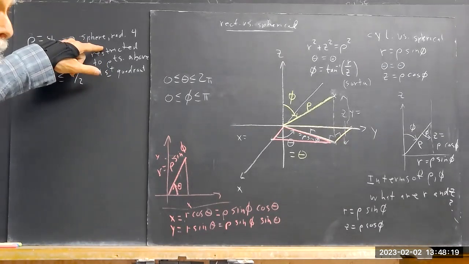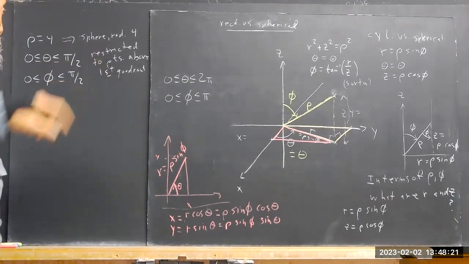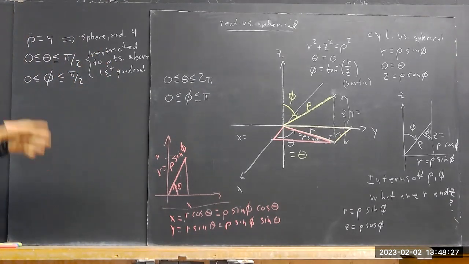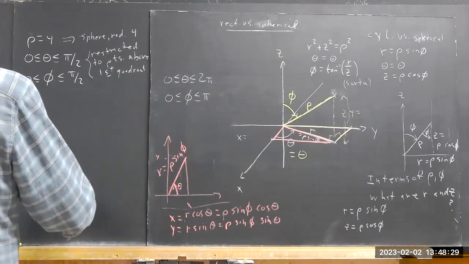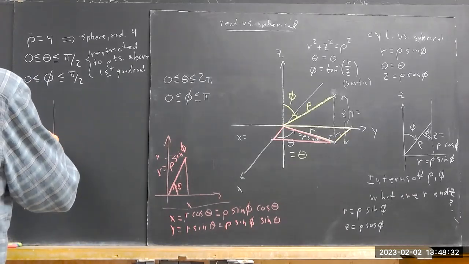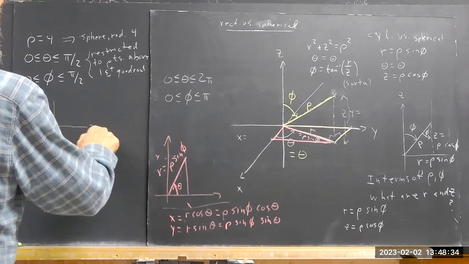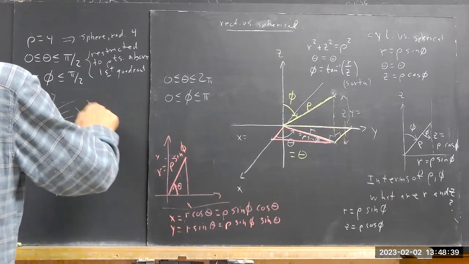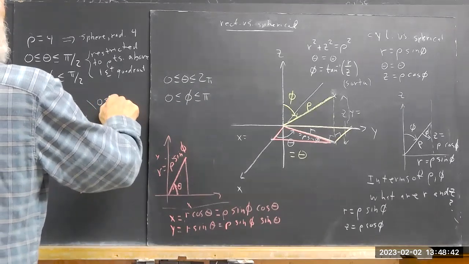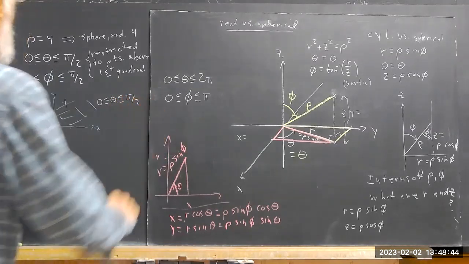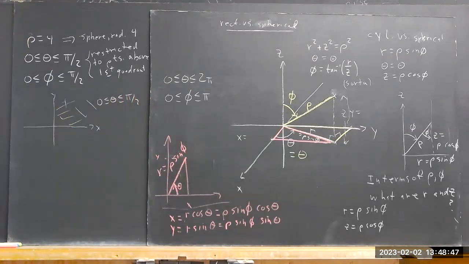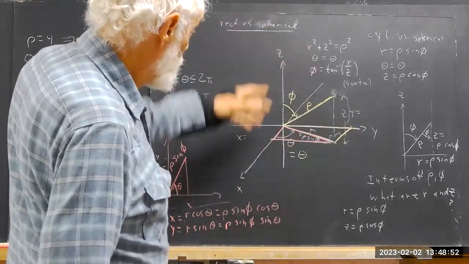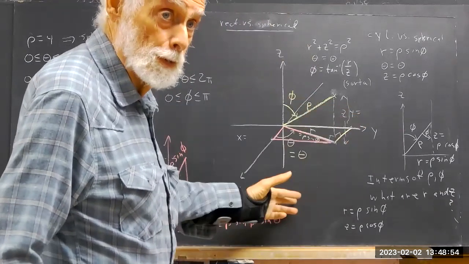Rho equals 4 means at this point you've got the whole sphere of radius 4. Restricting theta from 0 to pi over 2, if you draw that, you have the first quadrant of the XY plane. In 3 dimensions, you have everything above and below this first quadrant. So you have part of the sphere that's above and below the first quadrant.